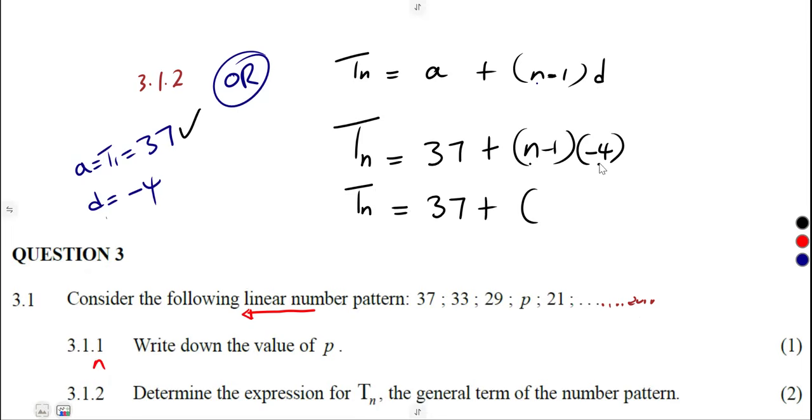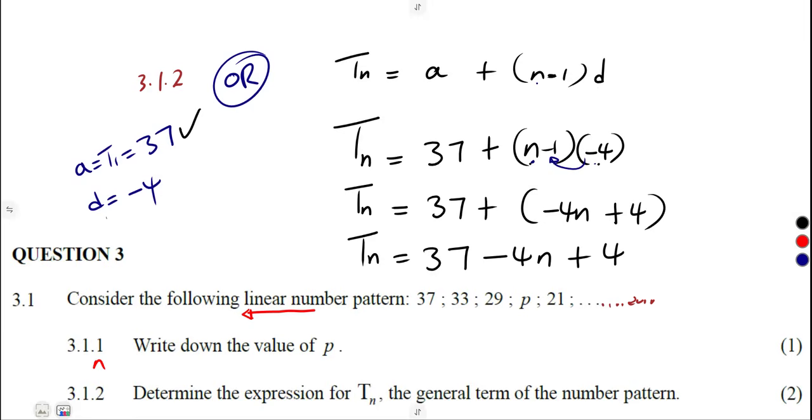We have to distribute this negative 4 across the other bracket. So it's negative 4 times n, which is negative 4n. Negative 4 times negative 1 is a positive 4. Then 37 is just going to remain as it is. So that's negative 4n plus 4.